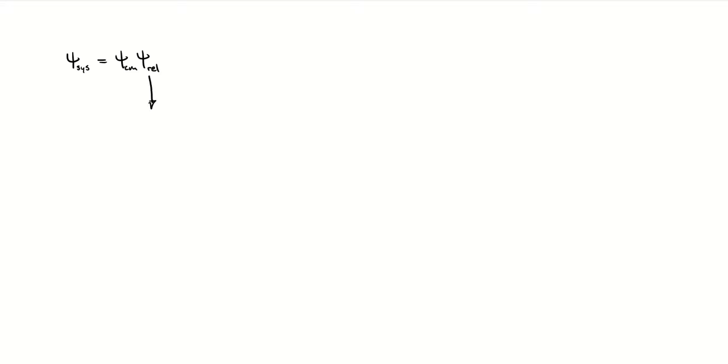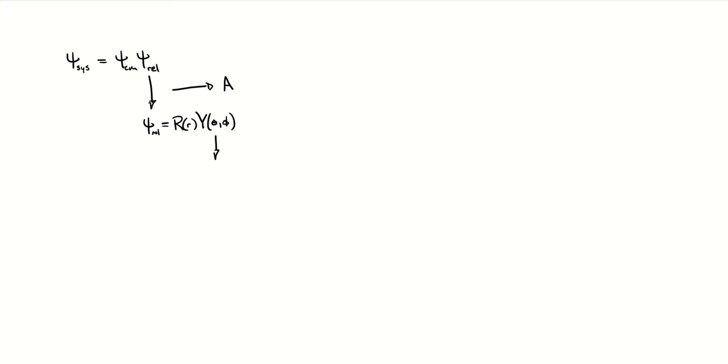We then did separation of variables again on that relative wave function and separated it into a part that only depended on the radial direction and one that depended on the angular part, right? And when we did this, we had to introduce some constant a that came from this separation of variables process.